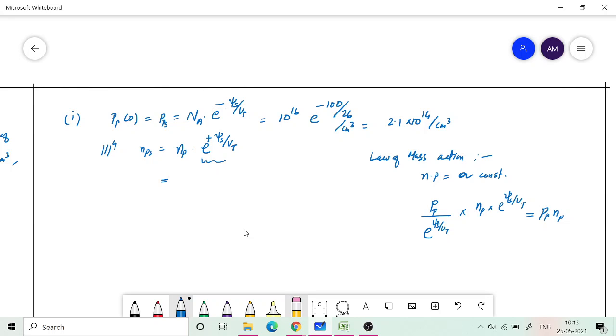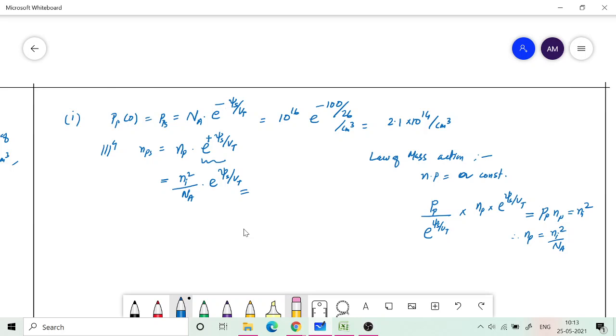This is also equal to ni square, and therefore NP is equal to ni square by PP, which is basically NA. So you can substitute ni square by NA into e raised to psi s by Vt.